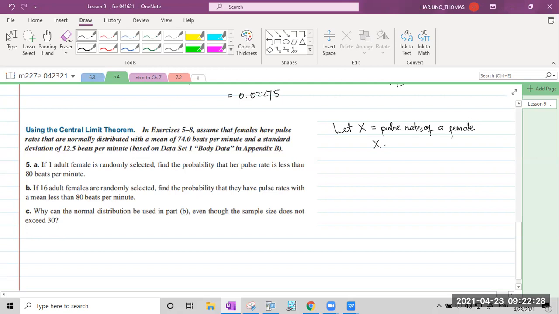Then according to the passage, the pulse rate of a female is normally distributed with mean 74.0, that's the mean, and the standard deviation 12.5 per minute.